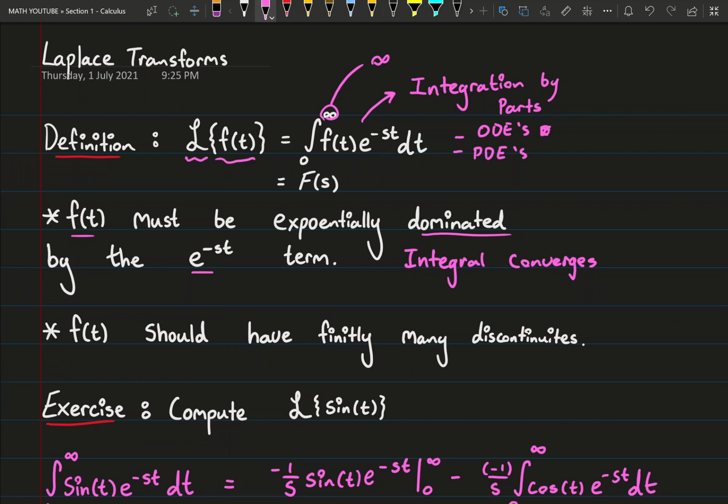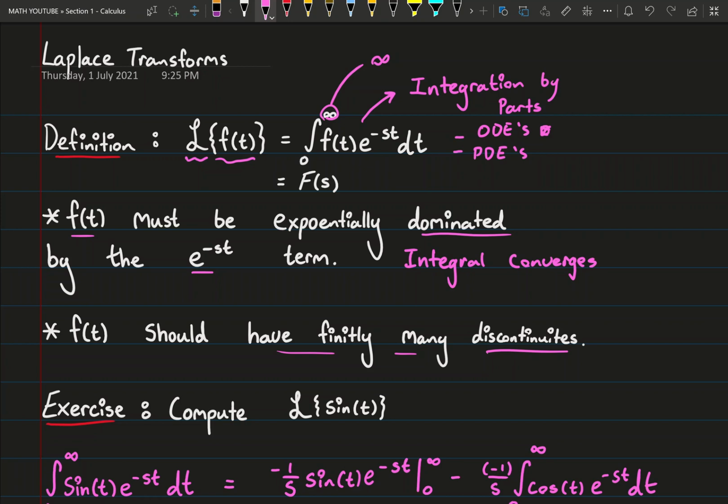We must also assume that we have finitely many discontinuities. So, for example, the tangent function has infinitely many discontinuities because it repeats over and over and over. It's as basic as that.